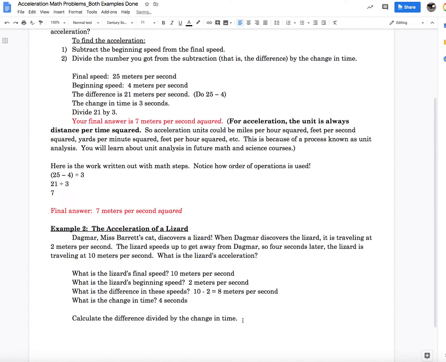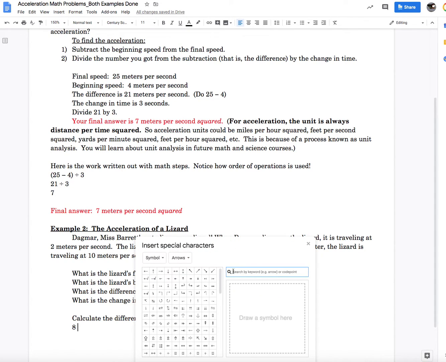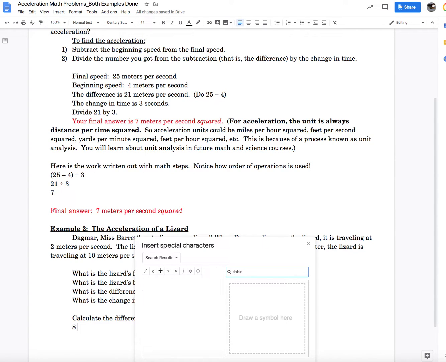So now we have to calculate the difference divided by the change in time. So our difference was 8, and then we're going to do division. So I'll insert special characters, and I'll look for my division symbol.